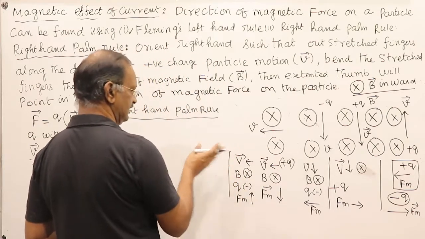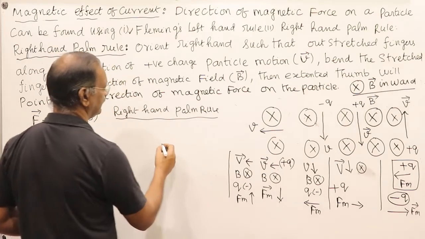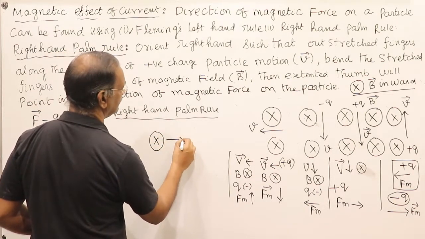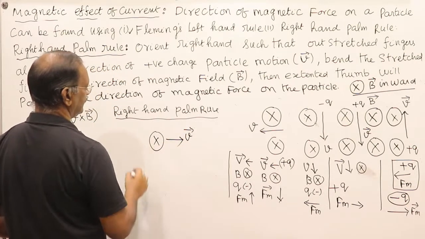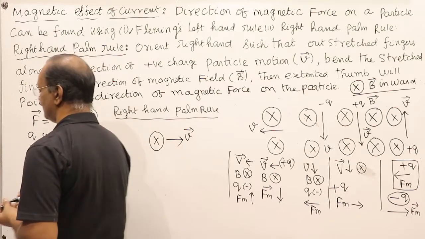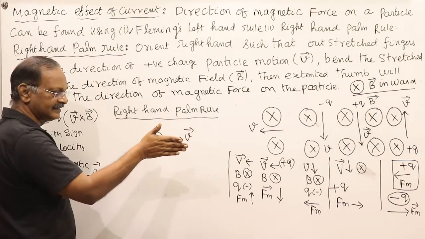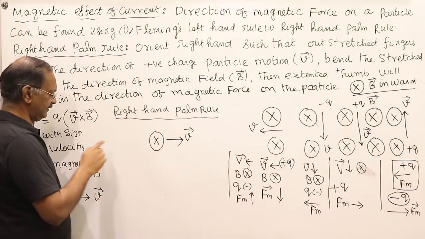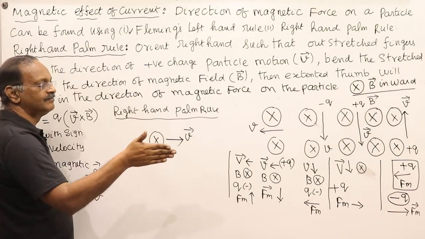Now velocity is in this direction. Let us see, this is the magnetic field, and velocity is this way. This is the direction of velocity. So if this is a positive charge, now what we have to do, we have to orient in the velocity direction, magnetic field is inward, move it inward.